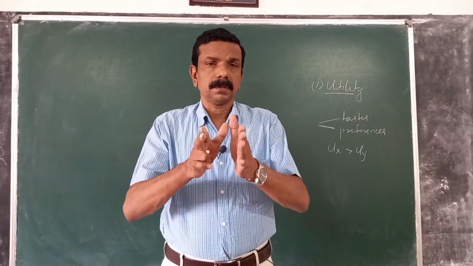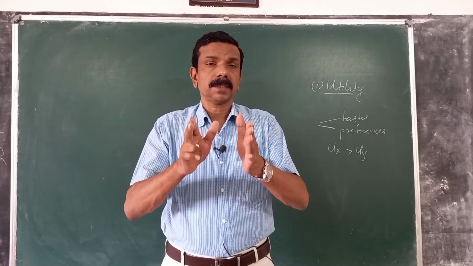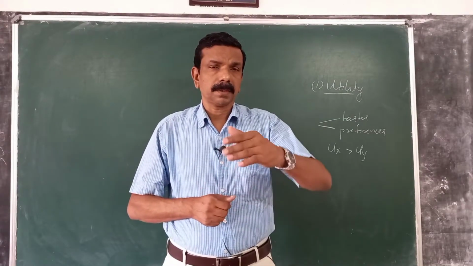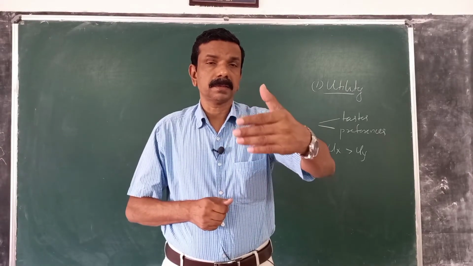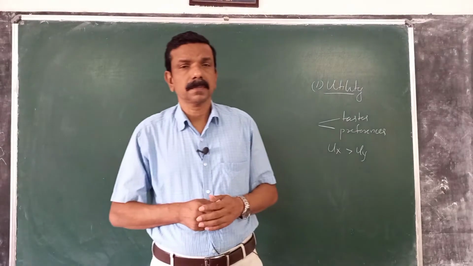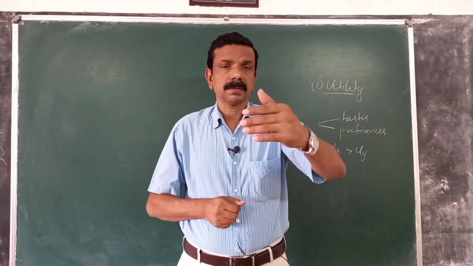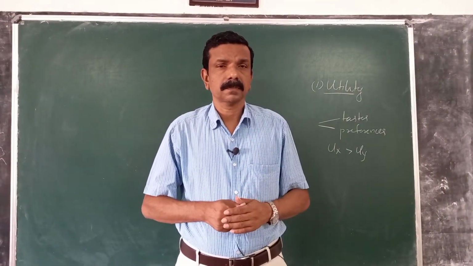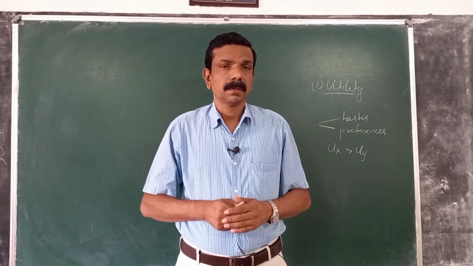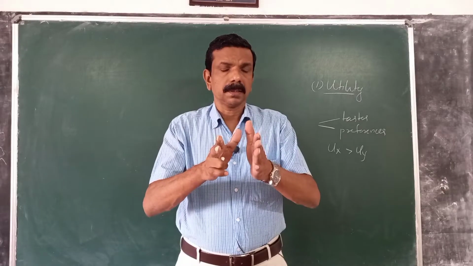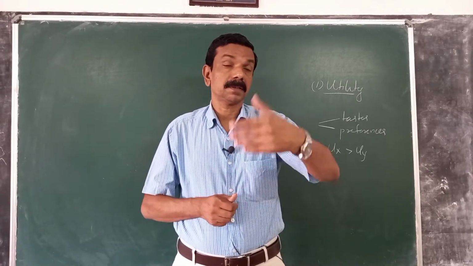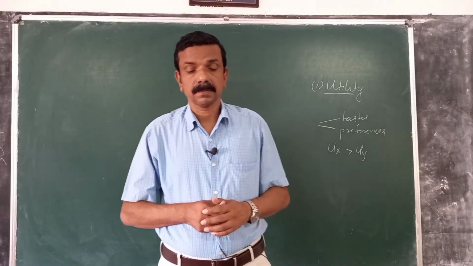So, if the aim of the consumer is maximization of utility by purchasing various quantities of goods and services available, given the prices of goods and services and the money income of the consumer, then he purchases goods and services on the basis of his tastes and preferences.